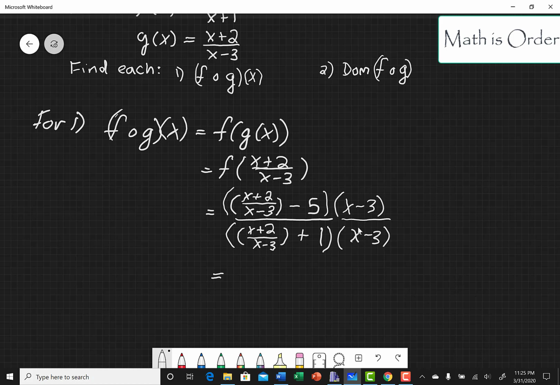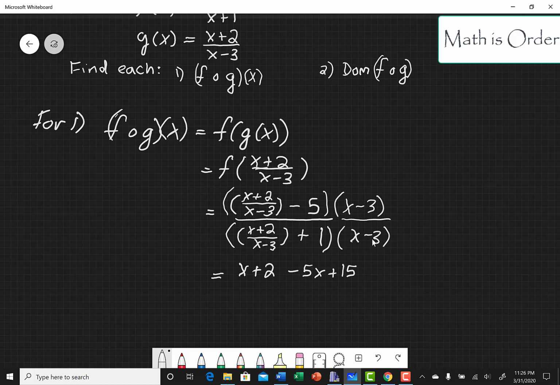But it definitely helps us to make this not a complex rational expression. So when we distribute x minus 3 to the first term here, the x minus 3 on the bottom cancels out the x minus 3 on top, leaving us with x plus 2 minus 5x plus 15. After we multiply negative 5 times x minus 3, we get this negative 5x plus 15. And the same thing for the denominator. I'm multiplying x minus 3 to this first term, and the x minus 3's cancel.